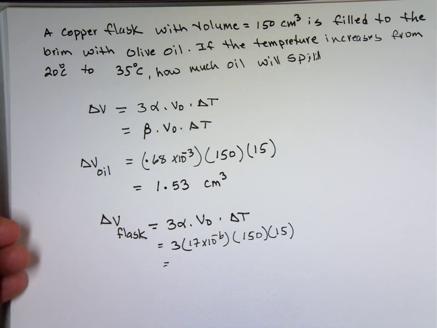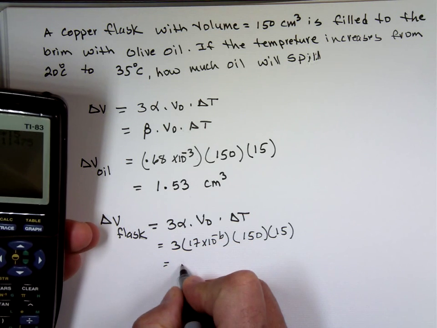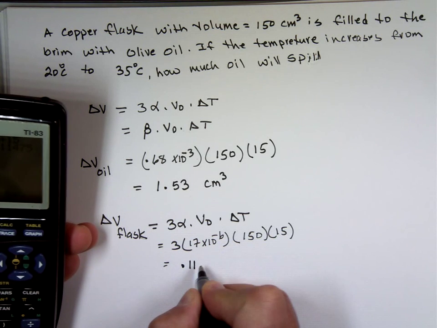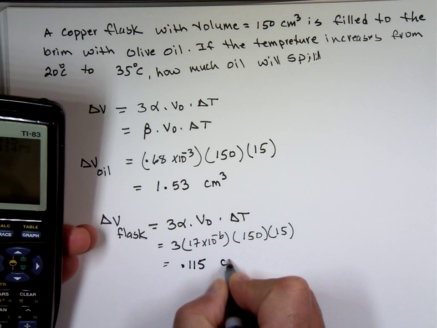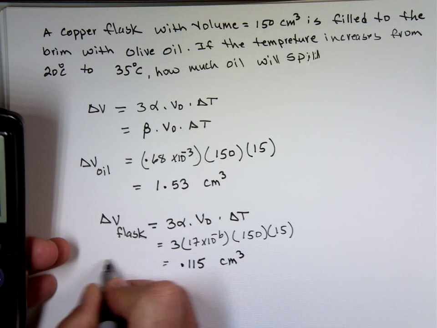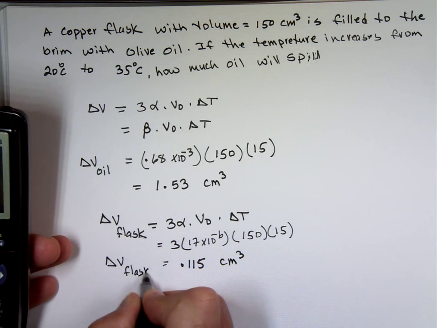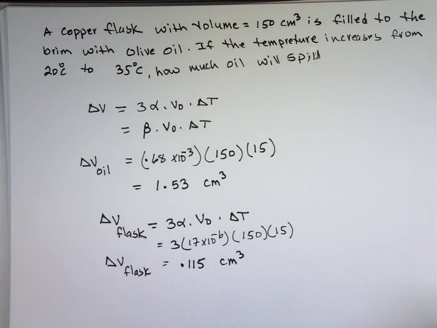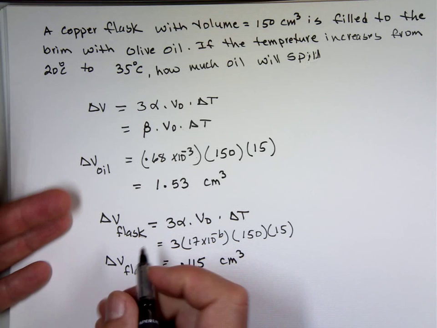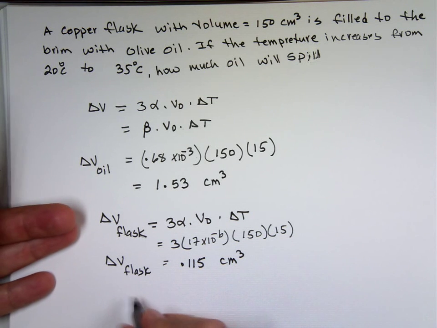And this one is 0.115 cubic centimeters. That's the change in volume for the flask. So the flask, it did increase, but not by a lot. The oil increased by a lot more. So the oil spills, how much oil spills?